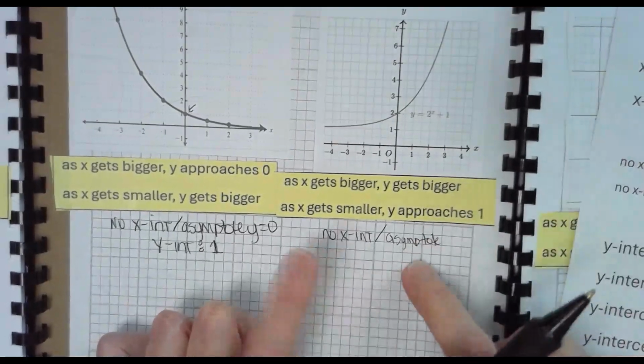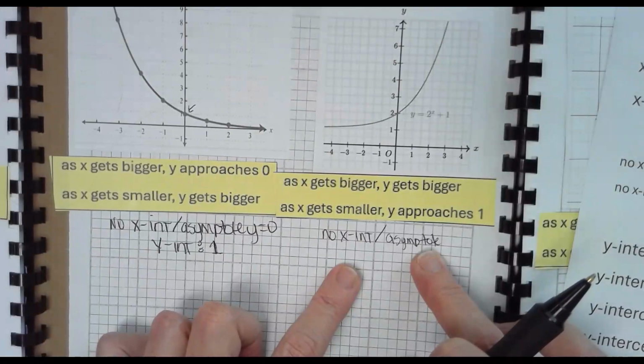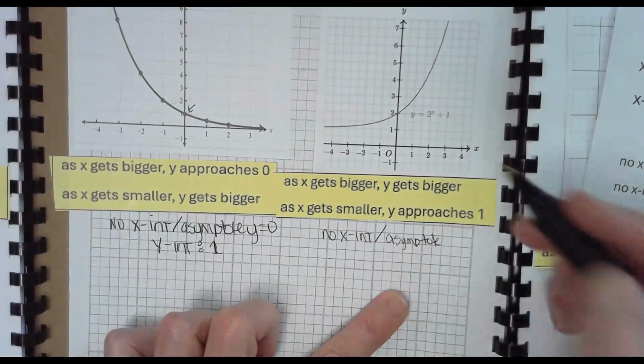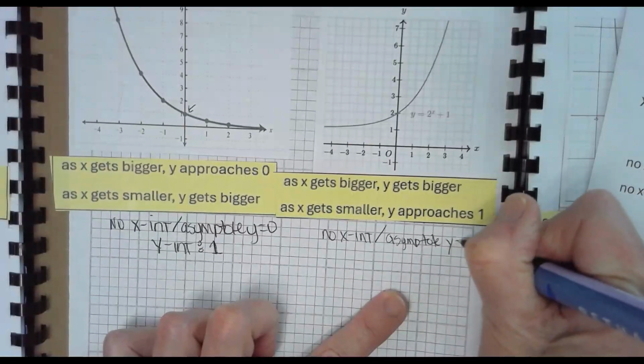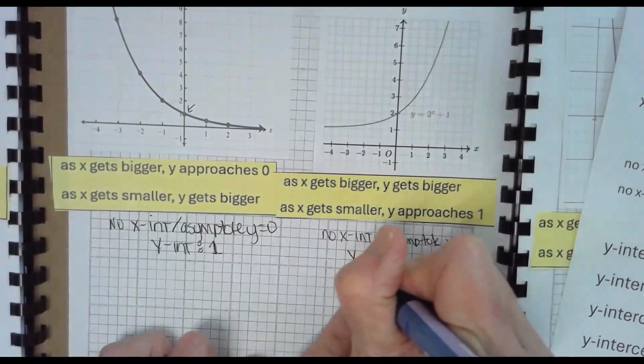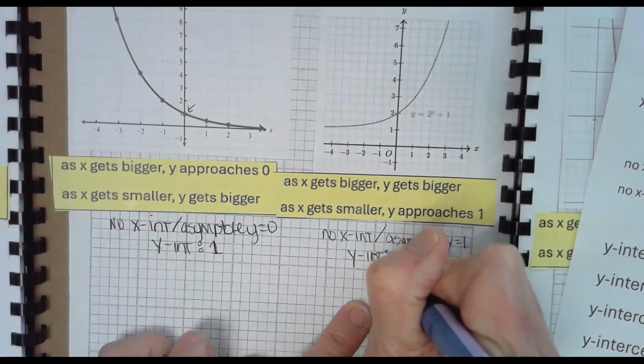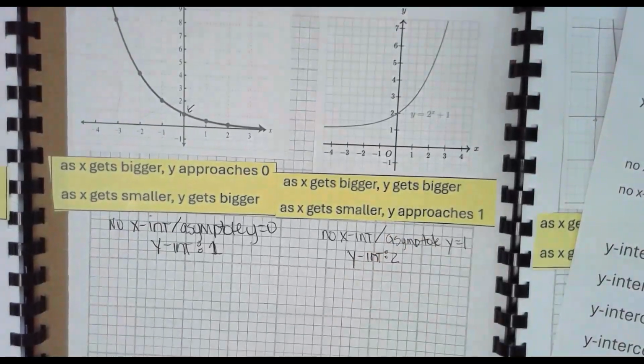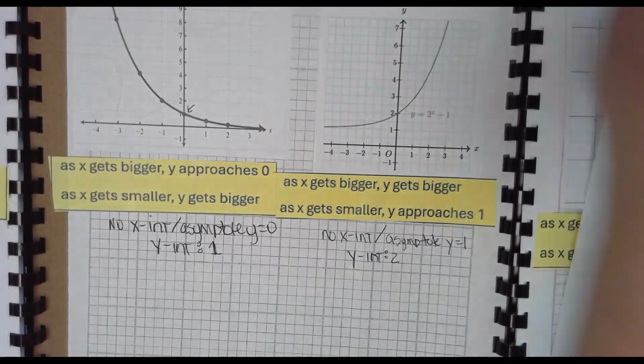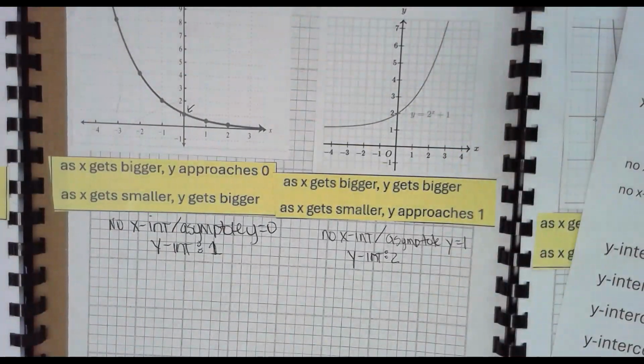And by the way, all of this is on your sheet if you're trying to figure out how to write the stuff. Asymptote is y = 1. Your y-intercept is at 2. Okay? And somebody asked in the last class, and you should ask, because asymptote is a new word for you. What is that?